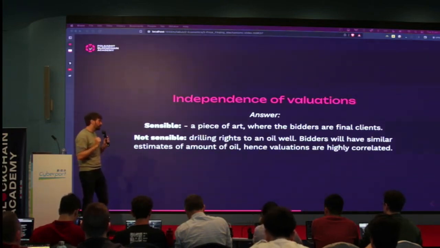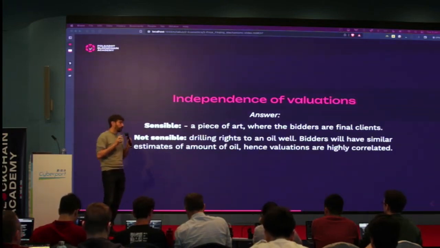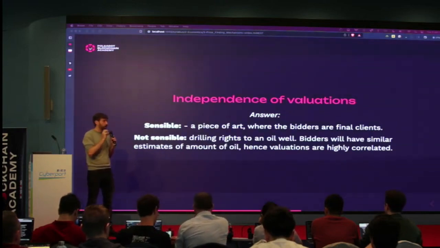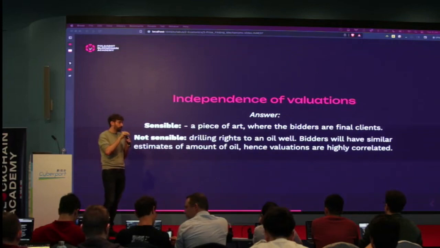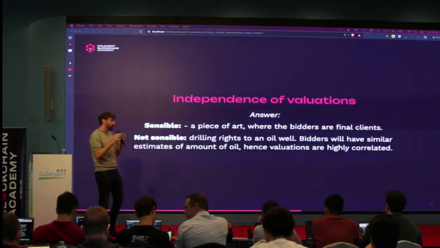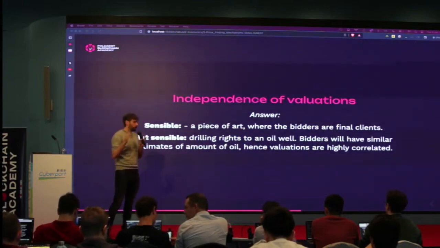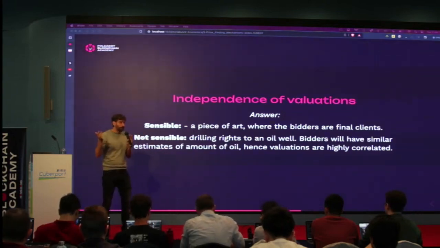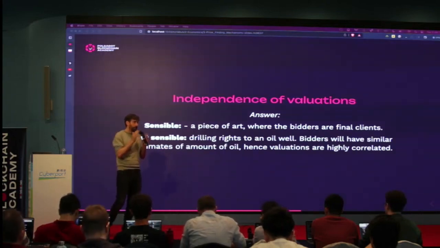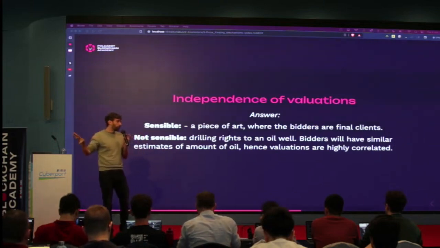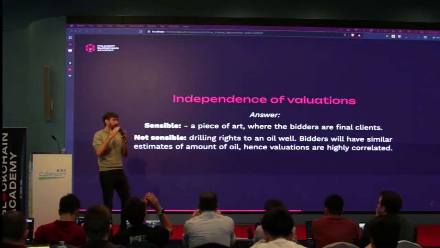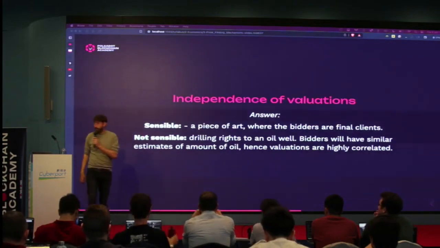The only question is how much oil these companies think, analyzing it themselves individually, is there. The valuation still might be different, right? One company has maybe a different screening technology and knows it a little bit better, but the other one is still using an older technology. So these valuations are still highly correlated, but they don't need to be the same.